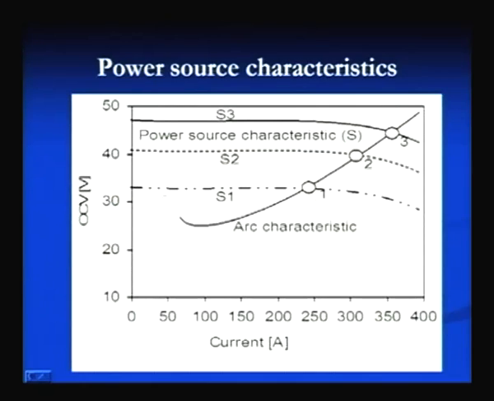So, open circuit voltage in constant voltage power sources is almost equal to the arc voltage. There is a very minor reduction in the voltage, about 2 to 3 volts. If the open circuit voltage set is say 34 volts, then the arc voltage may be 31 or 32 volts.